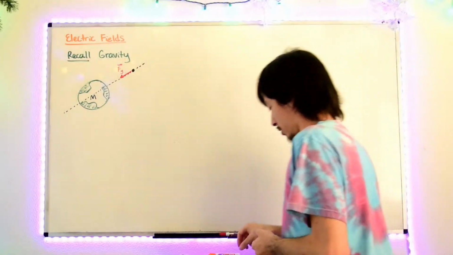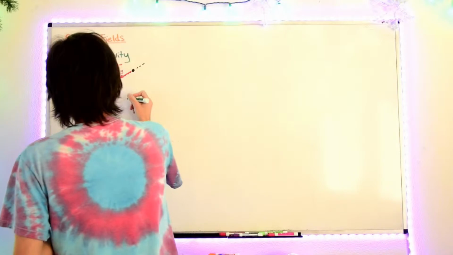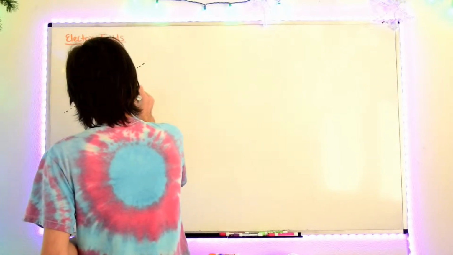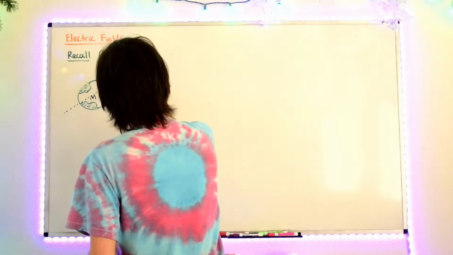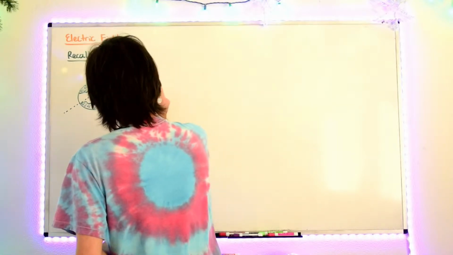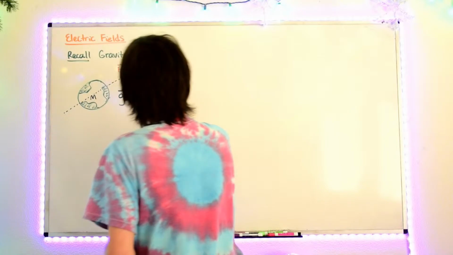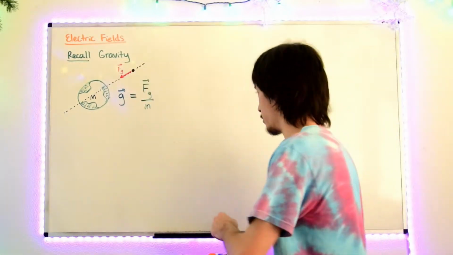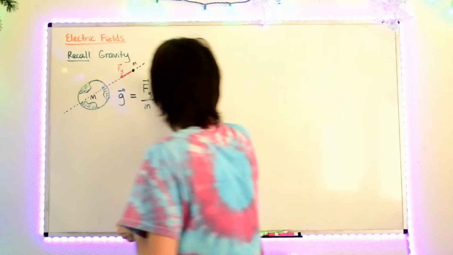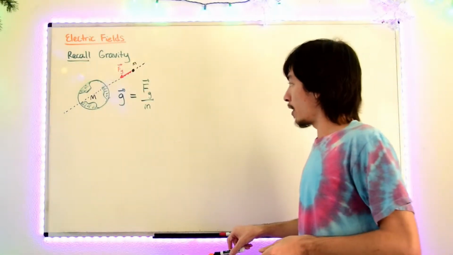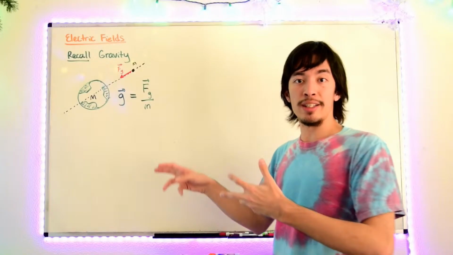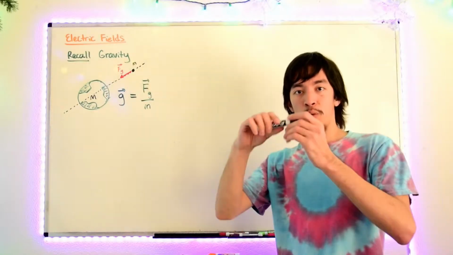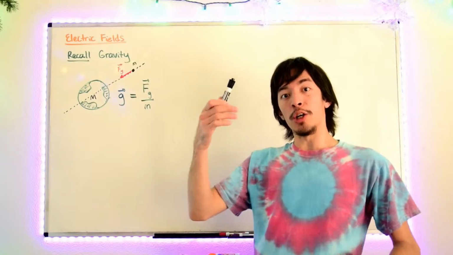So we define a gravitational field: it is just the force of gravity divided by the mass. We divide out this little mass m here, and we find an expression that does not depend on this mass being present. So whether this object is here or not, Earth's gravity is still present.